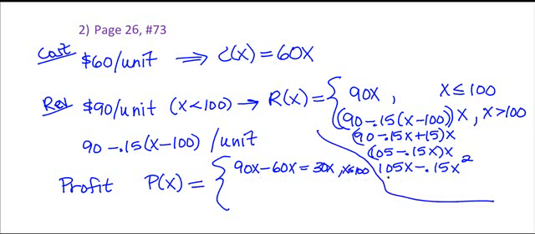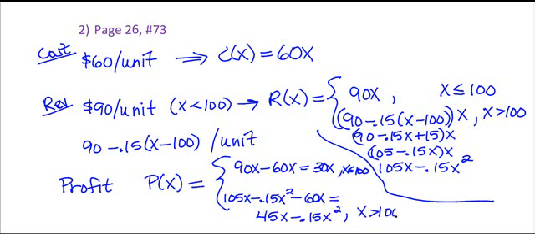And for x greater than 100, we have this expression 105x minus 0.15x squared minus our cost, which was 60x. So if we simplify that, what would we get? 45x minus 0.15x squared for x greater than 100.